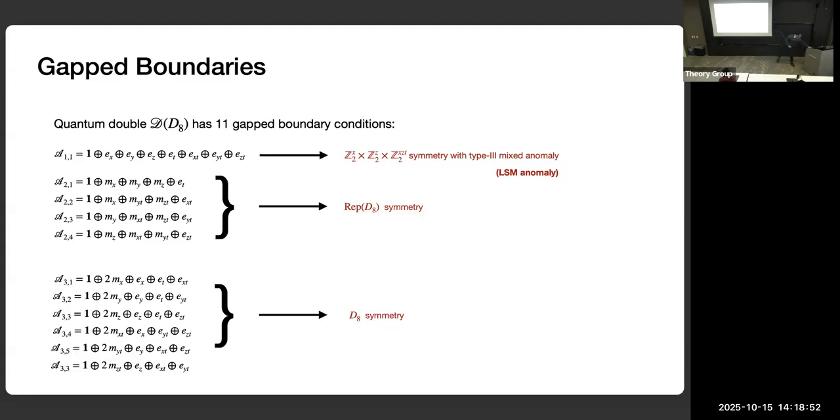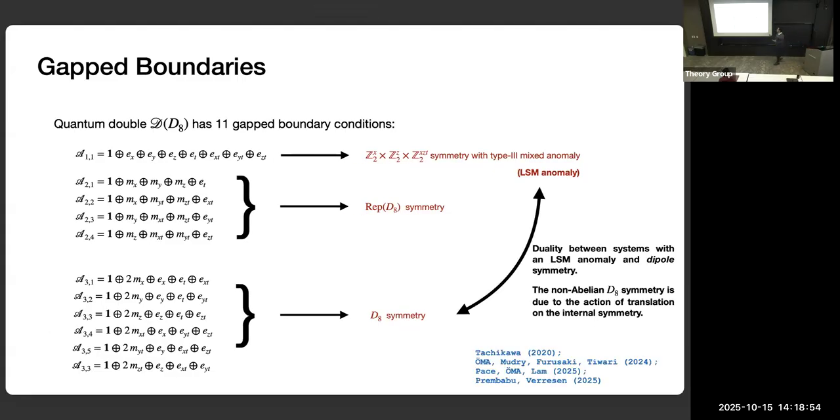But actually, this reveals that there is some duality, which is also known, which I also contributed to in the past, between systems with Z2 cubed symmetry with type 3 mixed anomaly, or in the lattice case, if you have an LSM anomaly between translation and two Z2s, it is known that there is a gauging map or duality between that and some sort of D8 symmetry.